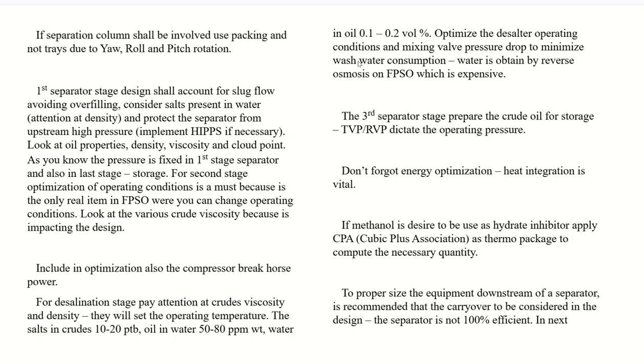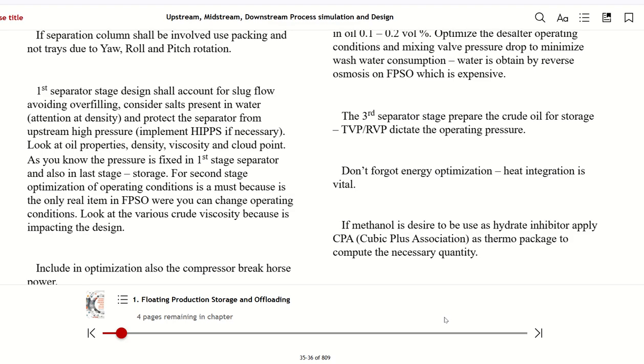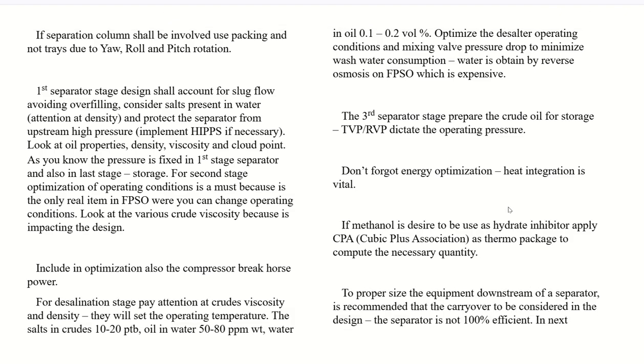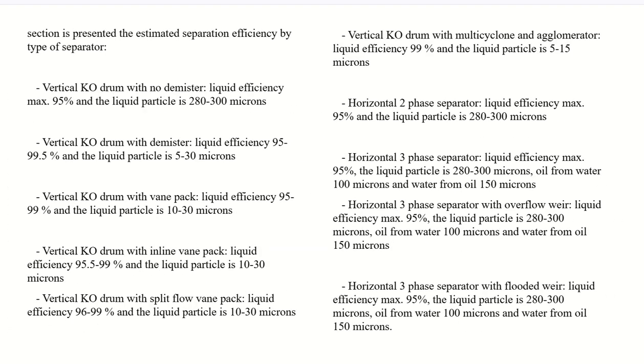Proper sizing of equipment downstream of the separator is recommended, and the carryover is to be considered in the design. A separator is not 100% efficient, so we consider some carryover accordingly. It talks about separator efficiency for flare KO drums, actually 90 to 95%, 10 to 30%.